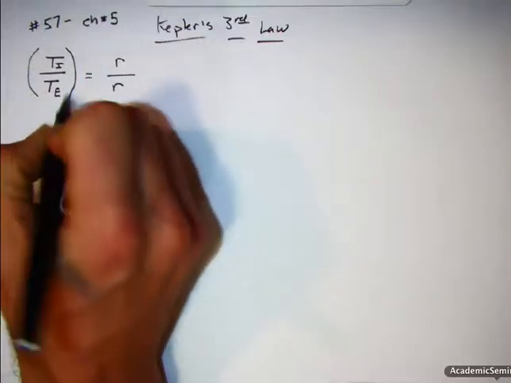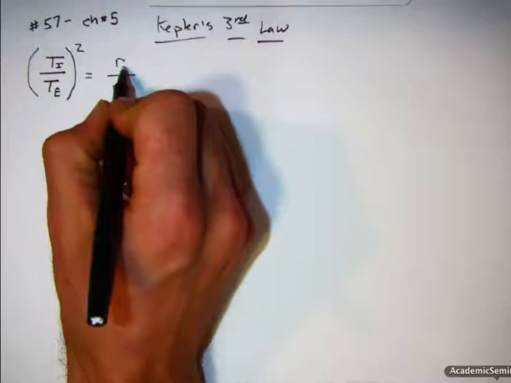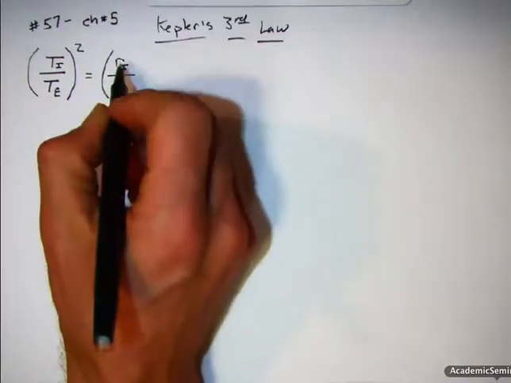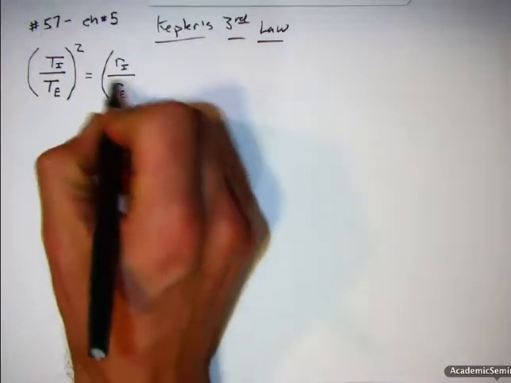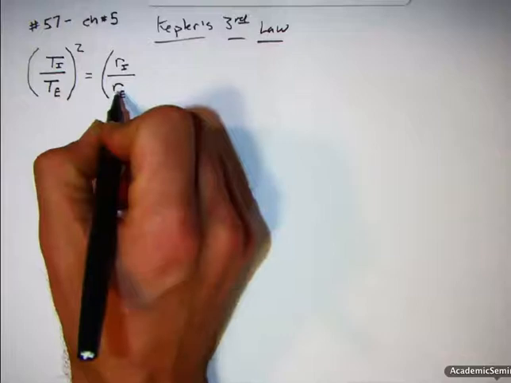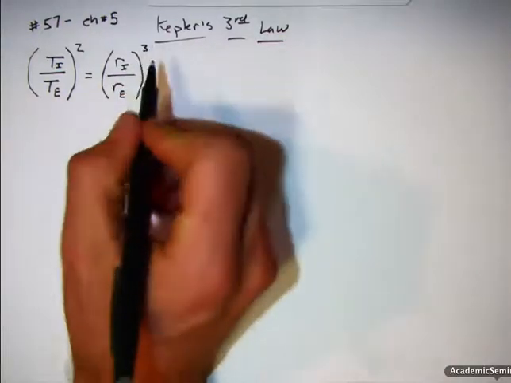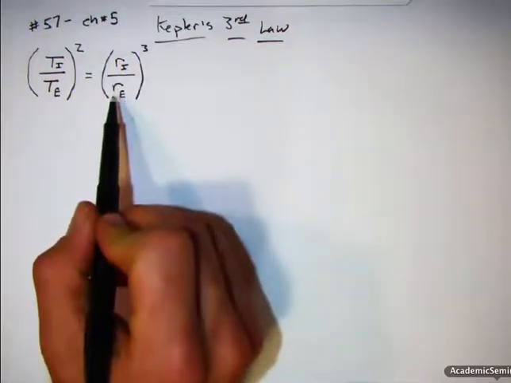Kepler's law states that we have to square that ratio, and that will be equal to the ratio of the mean distance from Icarus to the sun to the mean distance from the Earth to the sun, or you can kind of think of it like radius. Keep in mind that this is the mean distance.